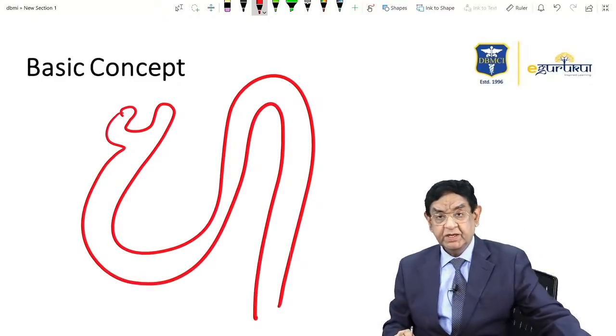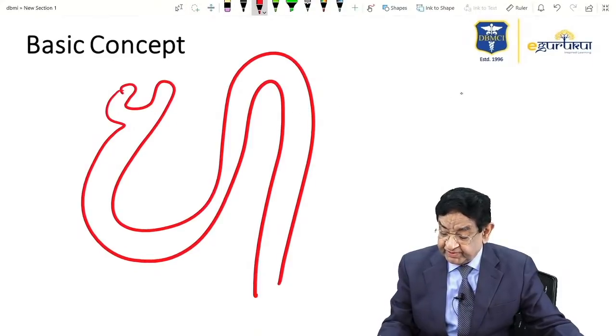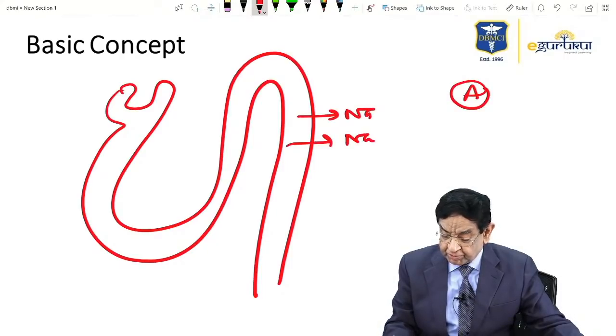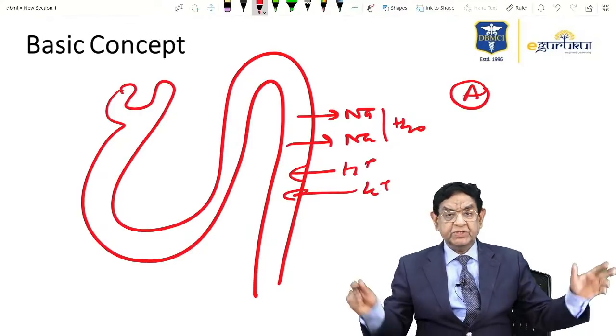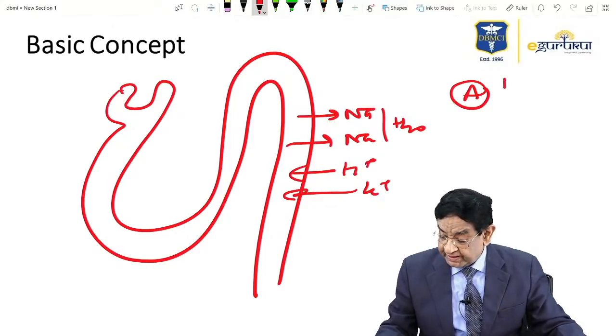Normal physiology, we all know in the DCT we have aldosterone, which causes sodium to be absorbed, and water comes in, and what goes out is H ion and potassium. This is normal. In Liddle syndrome, the aldosterone level is reduced.